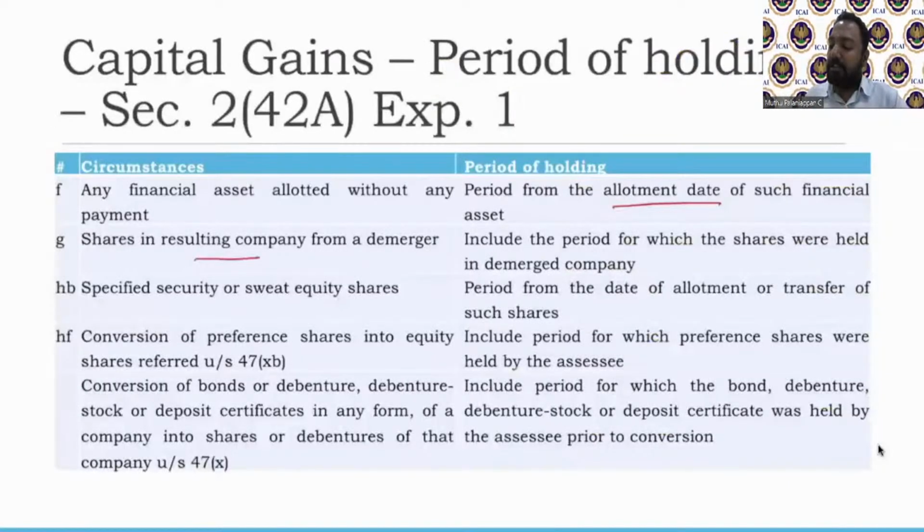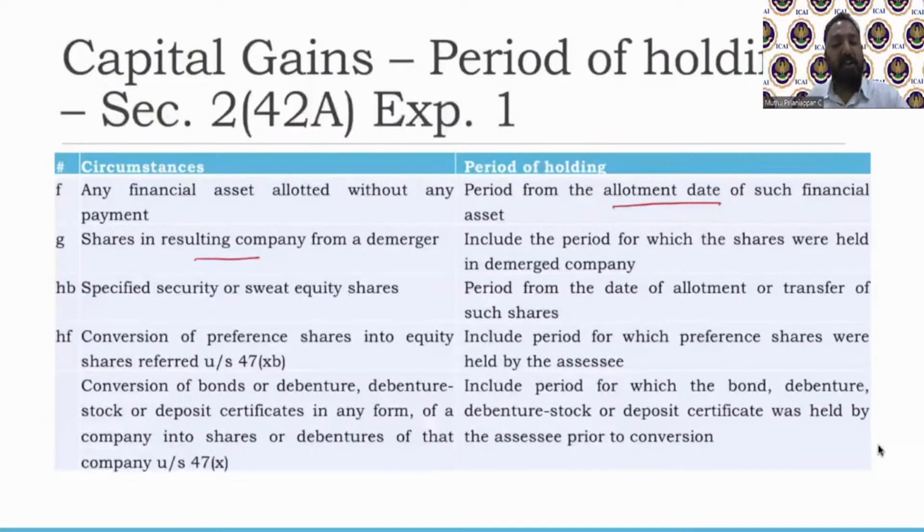Now for shares in resulting company from a demerger, include the period for which the shares were held in the demerged company. You should not just include the resulting company, but also the period of the demerged company. Something like include the period of previous owner. That's the same thing; here it is the previous organization.